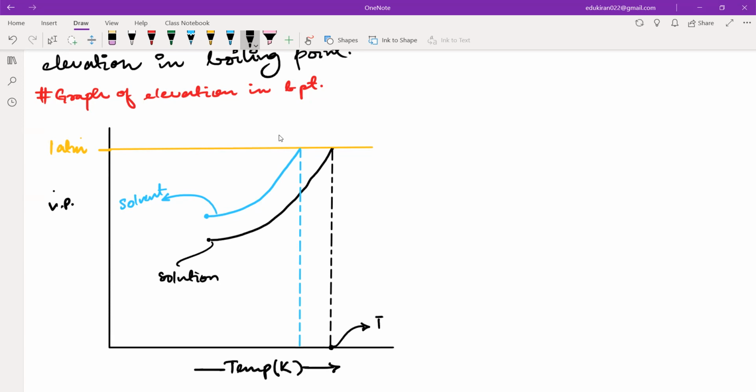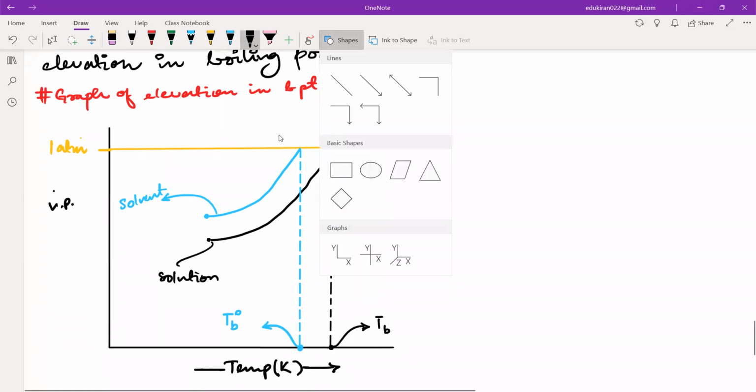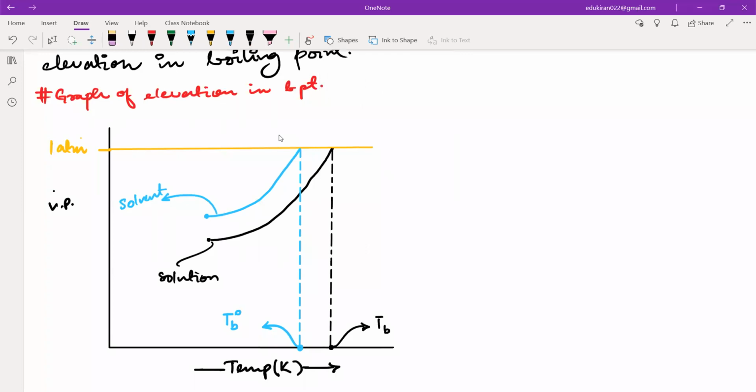We will represent this as TB, and this is the point where we have the boiling point of solvent. So we'll represent this as T naught B. Which is higher, TB or T naught B? TB is higher.